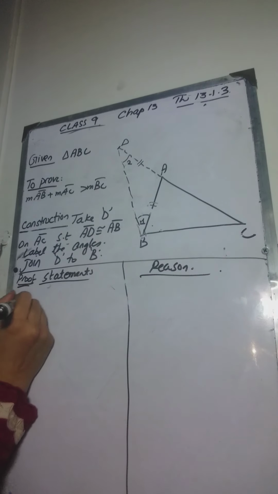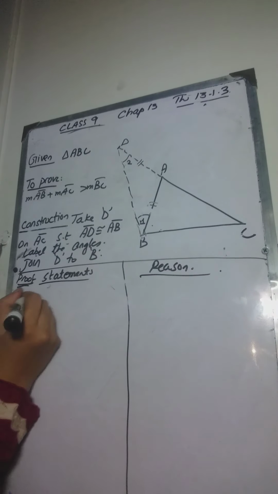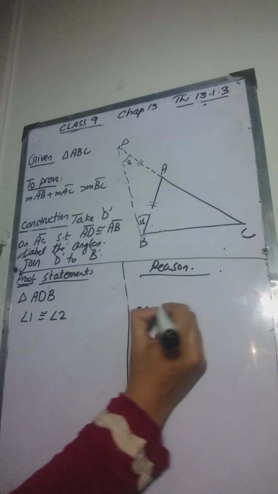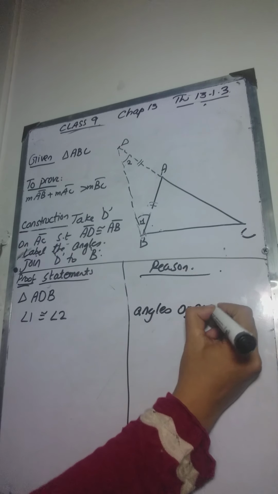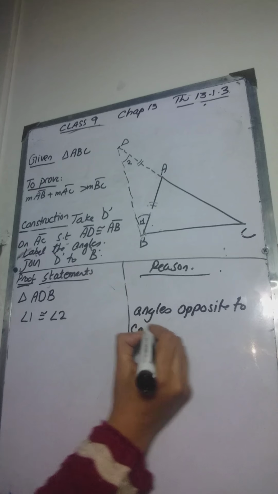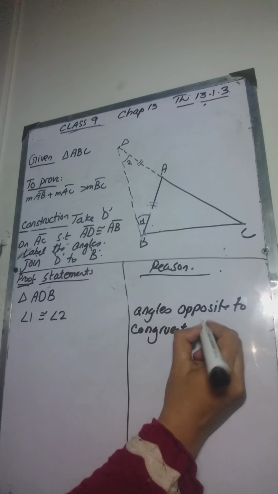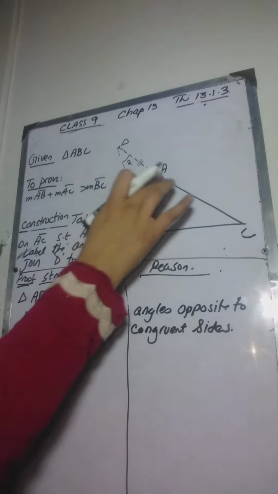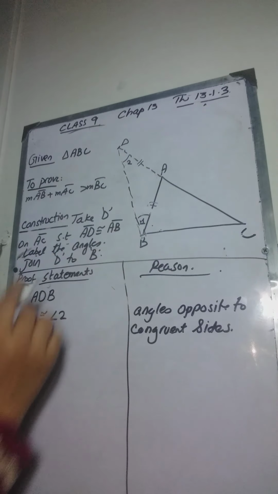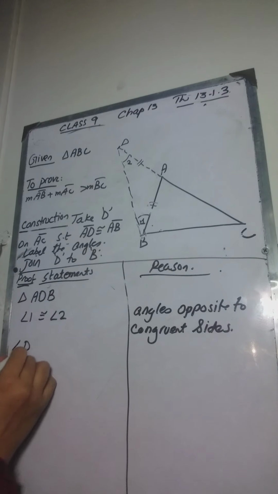First of all, consider triangle ADB. Angle 1 is congruent to angle 2, because these are the angles opposite to congruent sides. These are the two congruent sides, so the angles opposite to them are also congruent. Now angle DBC, we are talking about this whole angle. Angle 1 is only this much.